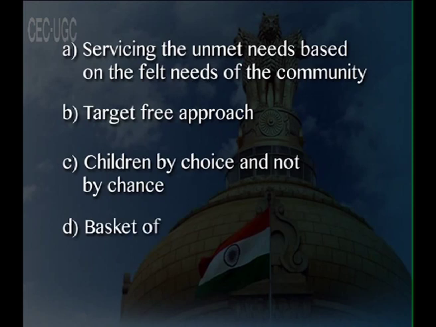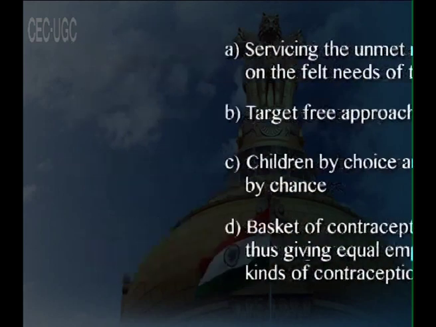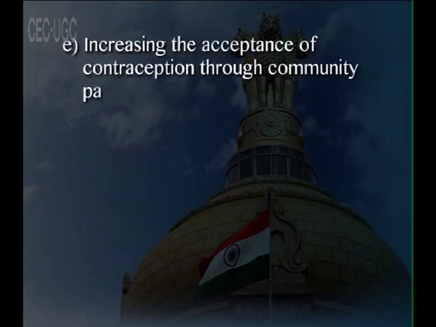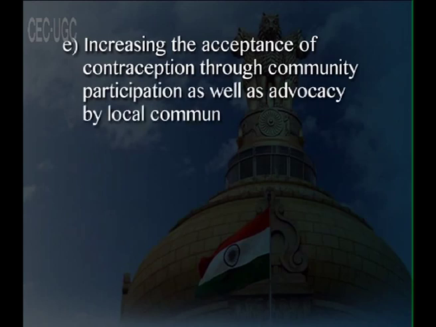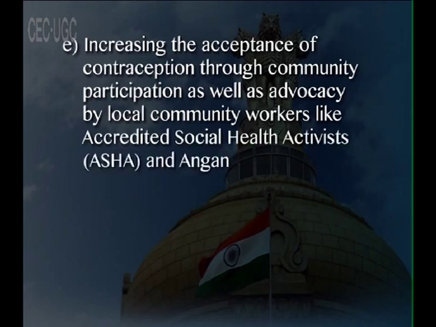D. Basket of contraceptive choices, thus giving equal emphasis on all kinds of contraception. E. Increasing the acceptance of contraception through community participation as well as advocacy by local community workers like accredited social health activists, popularly known as the ASHA, and Anganwadi workers.